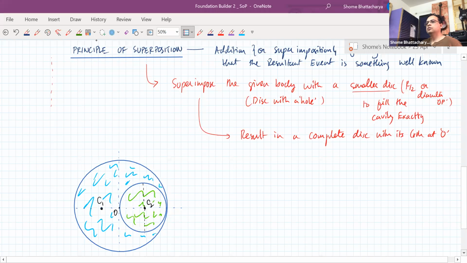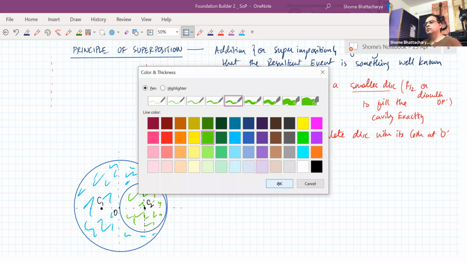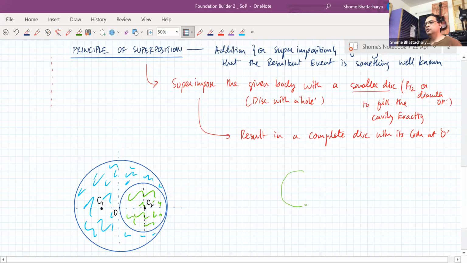Okay. So now in my diagram here, this disk, I'm placing it back over here. So this is my mass M2, which is a disk of radius r by 2. So I can say that M2 is a mass of some sigma into pi (r/2) whole squared.